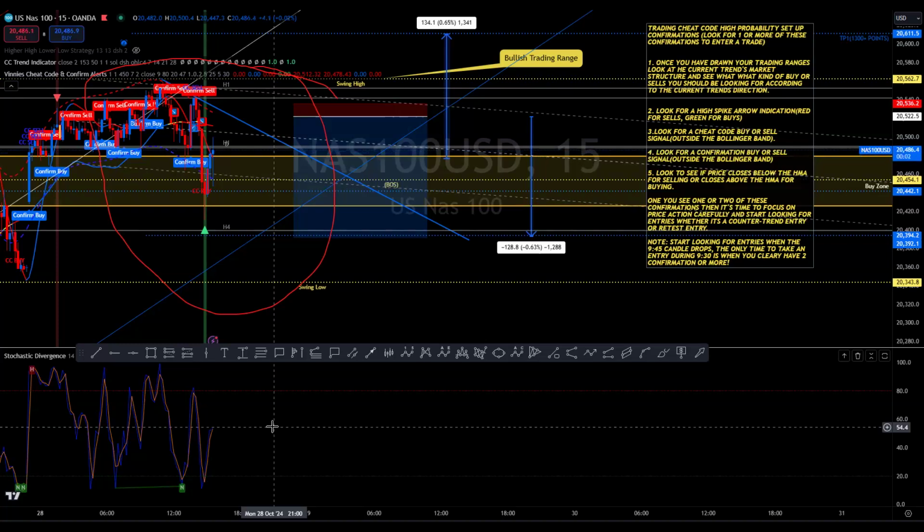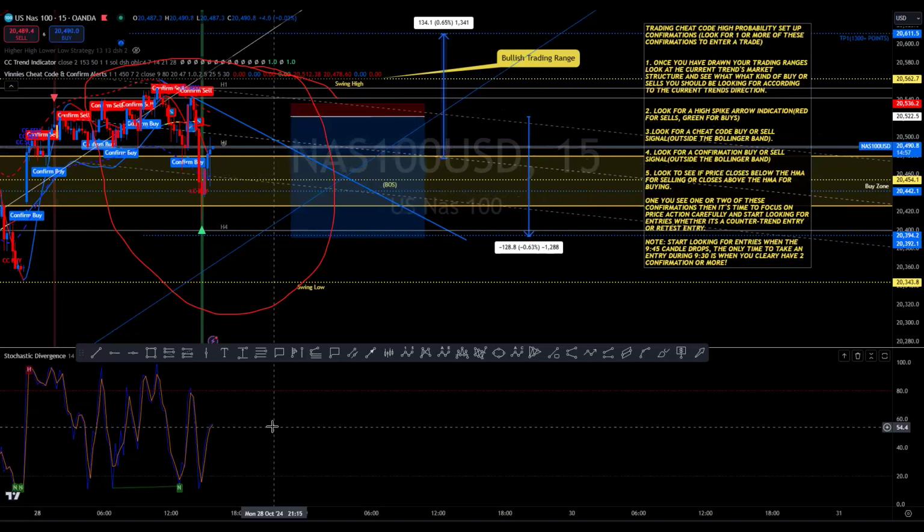Three, two, one. They don't have a confirmation buy yet. That's the only thing. If they get a confirmation buy, we'll probably take this buy.